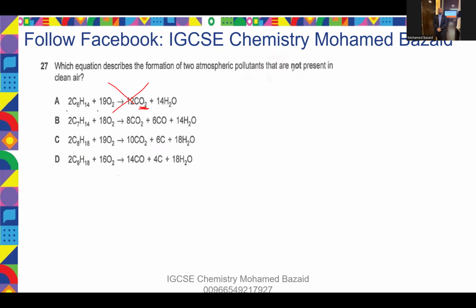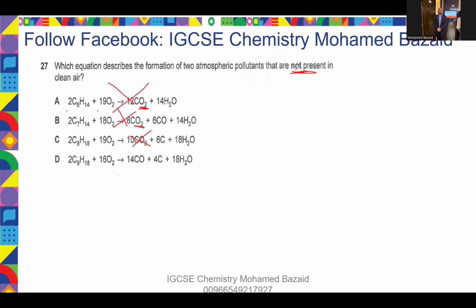The question needs pollutants not present in clean air. And I will cancel letter C as well because it has carbon dioxide, which is present in clean air. And I will cancel letter B because it has carbon dioxide, which is present.